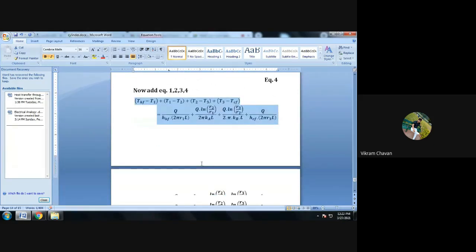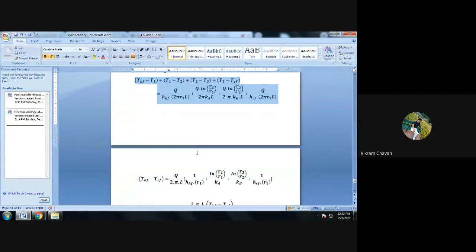So in the next line you can write the equation as T suffix HF minus T suffix CF is equal to, now from the right hand side, Q divided by 2 pi L is common in all the terms. So for that reason we have taken Q divided by 2 pi L out of the bracket.